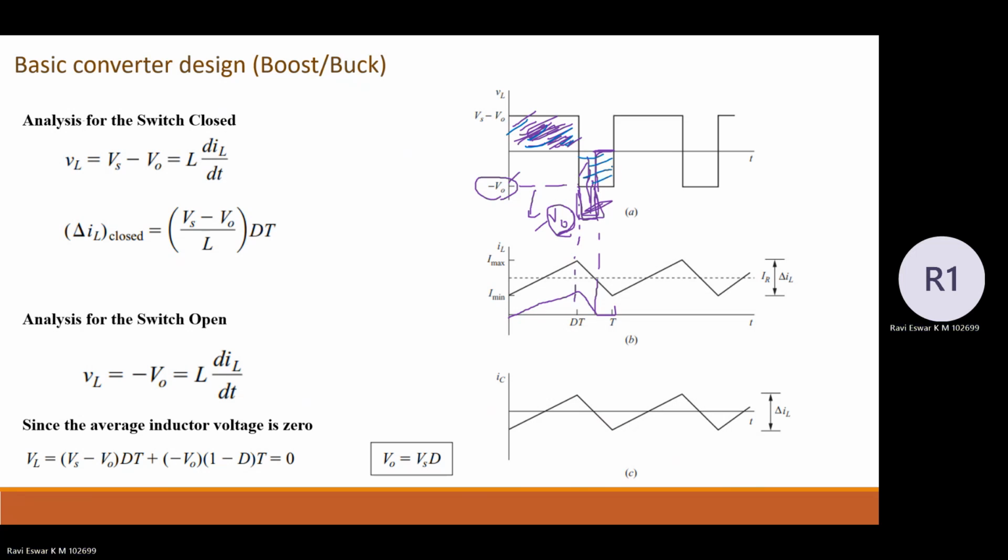Now you can see that as the current is 0 at this particular point, the inductor voltage becomes 0 here itself. So definitely the length has to increase to make this area equal to this area. There you can observe that the output voltage is going to be higher in DCM compared to CCM.